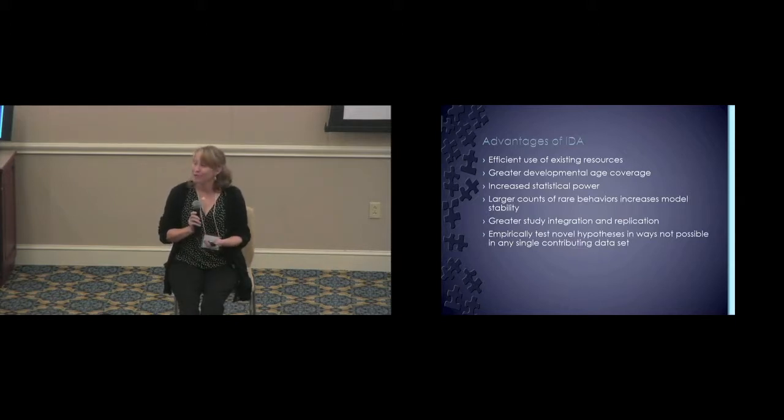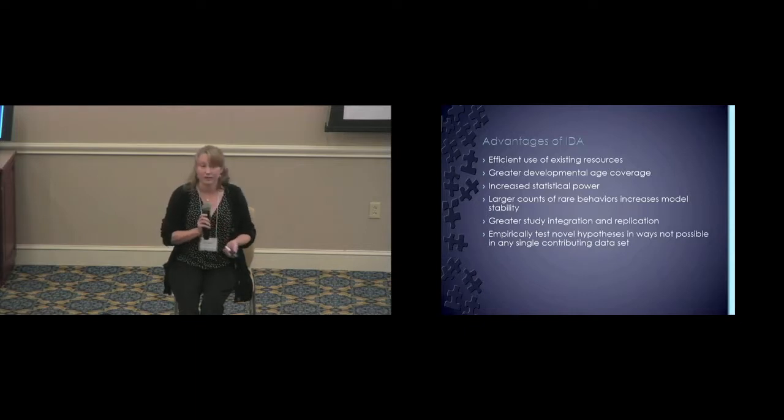So, for example, the initial studies that we were doing were trying to look at putting together different age groups so that we could look at a longer age span than we could in an individual study. This is also helpful for doing things like looking at rarer behaviors because you may not increase your prevalence rate when you put your data sets together, but you have more people, so you have a little bit more model stability when you're doing that. Clearly, people do this to increase their statistical power.